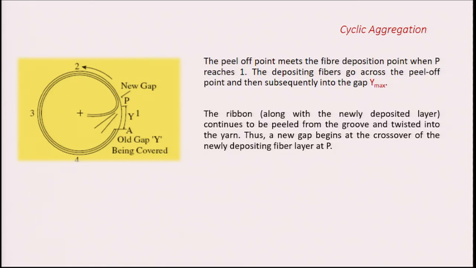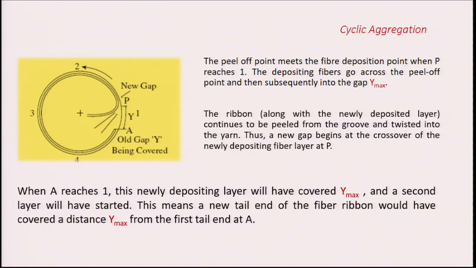Okay. So, the ribbon continues to be peeled off from the groove and twisted into the yarn, and a new gap begins to cross over the newly deposited fiber layer at P, and the following gap is going to be filled also, right. So, y max is going to be filled by a new layer, a second layer is going to start at this point. So, the second layer will be right behind, just behind the point P.